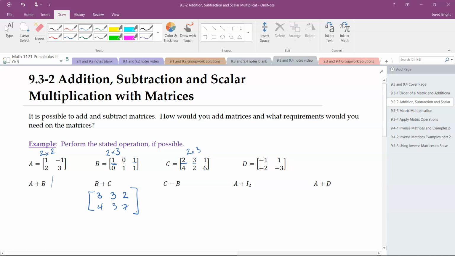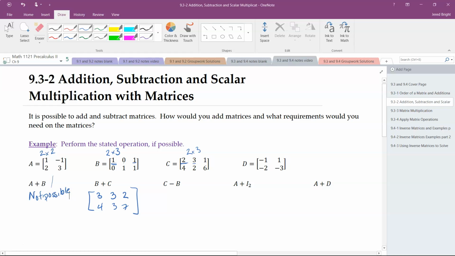And that would be the addition. So when I add matrices and subsequently subtract them, I have to make sure they have the same order. In fact, A plus B, they are not the same order, so this one is not possible.